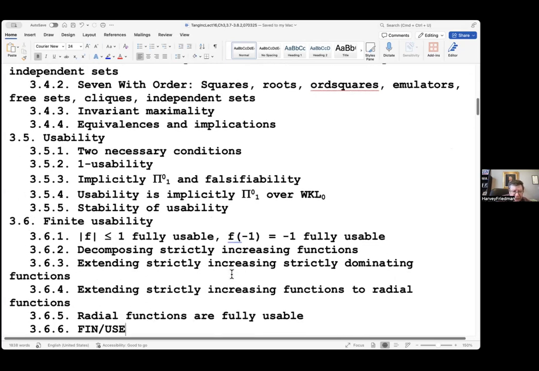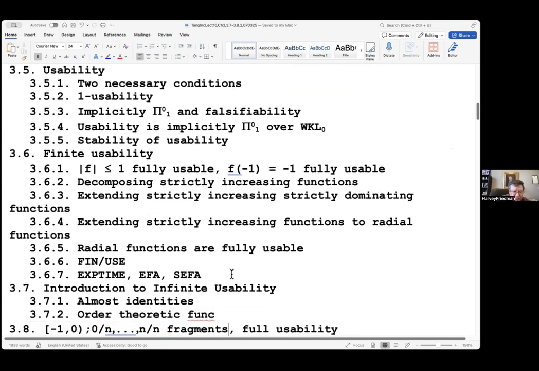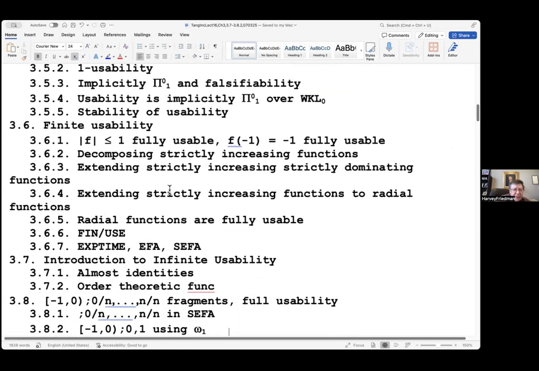This is the finite usability section reworked. I don't want to go over this too much, but it's organized a little better and cleaner, and maybe one more section. I postponed to the end the discussion of where the statement is proved, where this treatment is conducted.